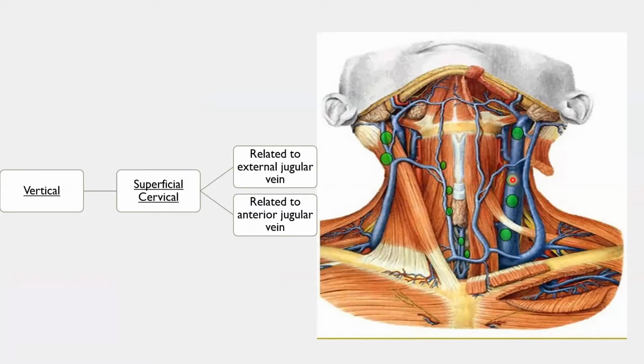And here, more internal to the sternocleidomastoid, you have the internal jugular vein, and along it, you have the deep cervical lymph nodes. These deep cervical lymph nodes, you can again divide as superior deep cervical and the inferior deep cervical.